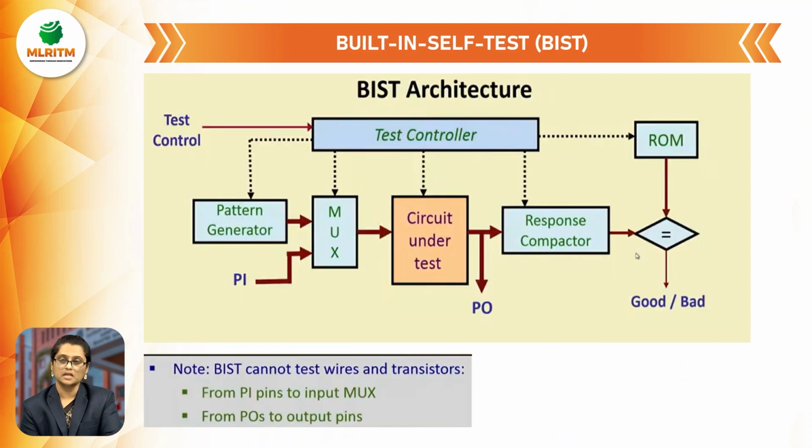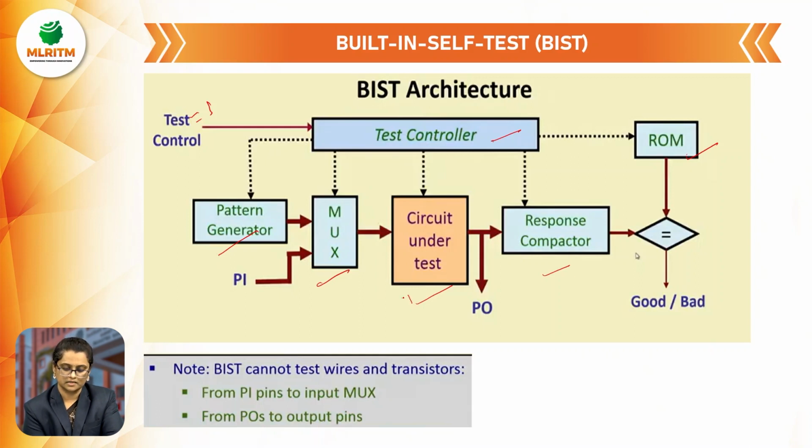And then coming to the architecture of built-in self-test, these many components we require to generate the BIST operation. Those are test control, pattern generator and multiplexer, circuit under test, response compactor, and memory unit, that is ROM memory. First of all we enable the test control, then only the entire circuit is in on condition.